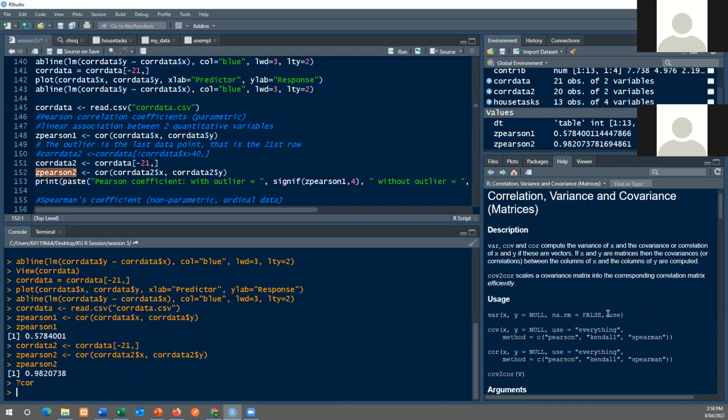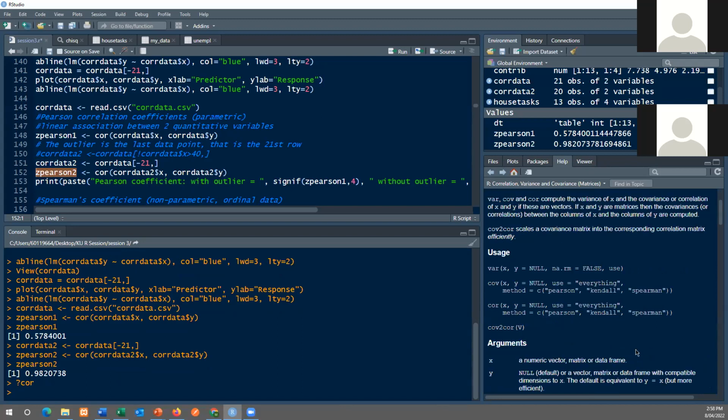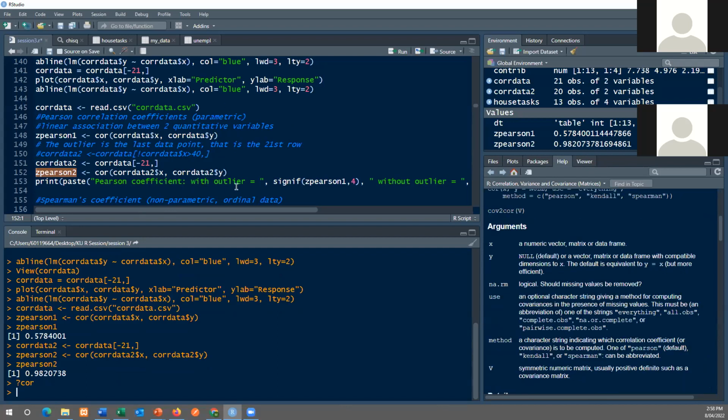Okay, the method argument, default is, I think, Pearson. So the default correlation is Pearson. Although we have not mentioned what kind of correlation to do, the default correlation measure is Pearson correlation. And Pearson correlation always gets affected by outliers.